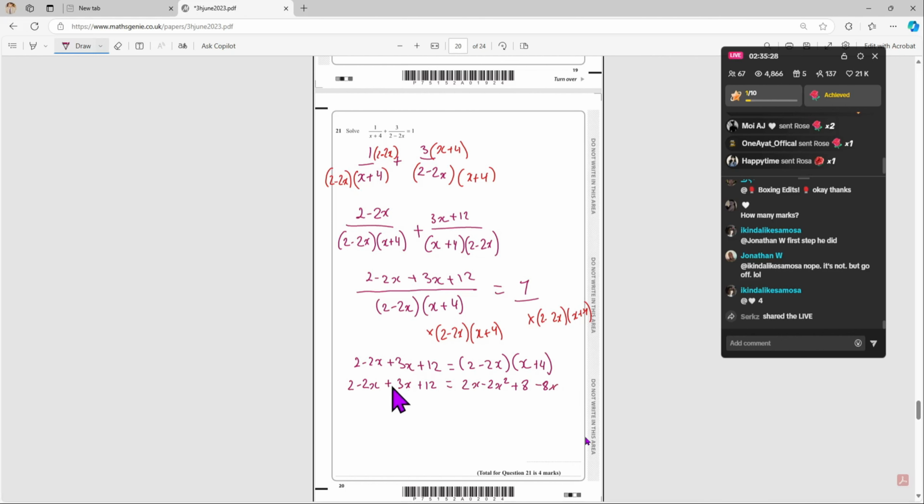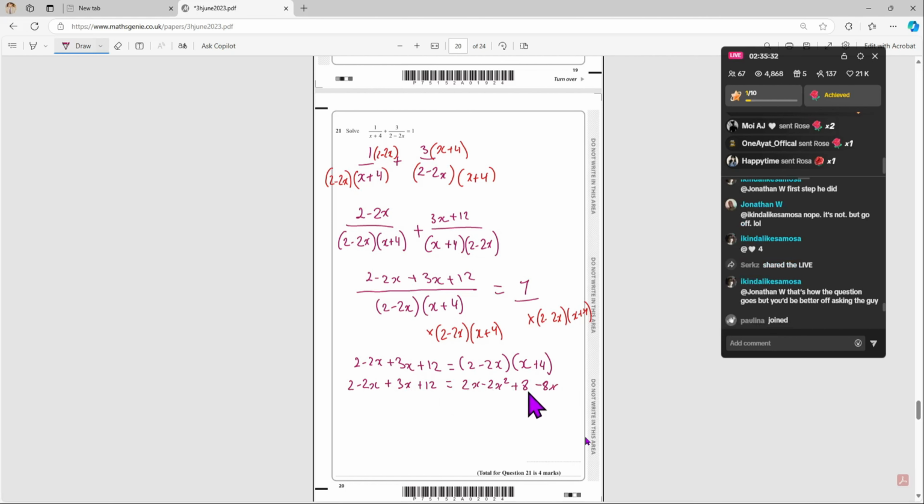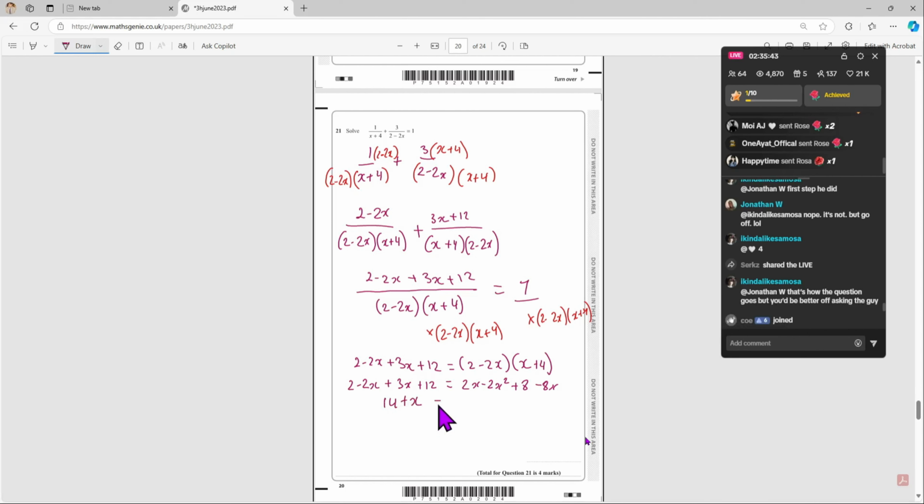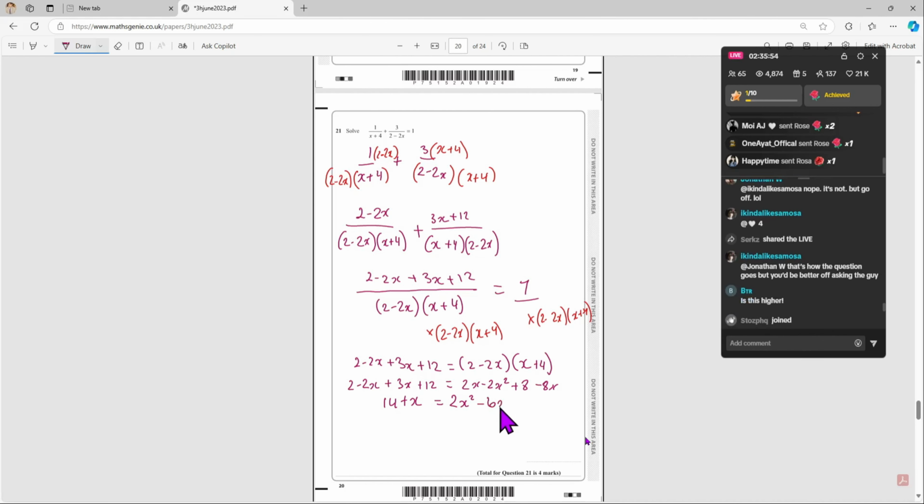Then you simplify this part over here, both of these parts. When you simplify, you will get 14 plus x is equal to 2x squared minus 2x squared, then minus 6x plus 8.